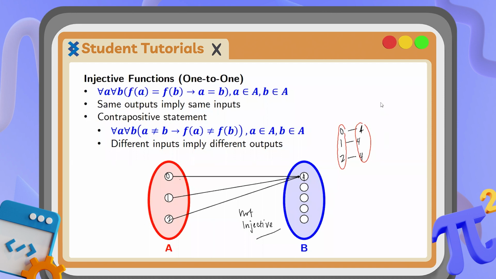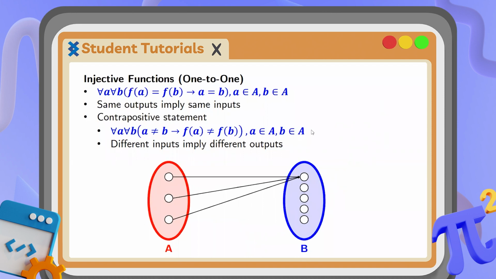Okay, so let's proceed to the next example. Here, without me showing the mapping, you could see that this is actually a one-to-one function, because for every input, they do not share the same outputs, which means that this one is an injective function.